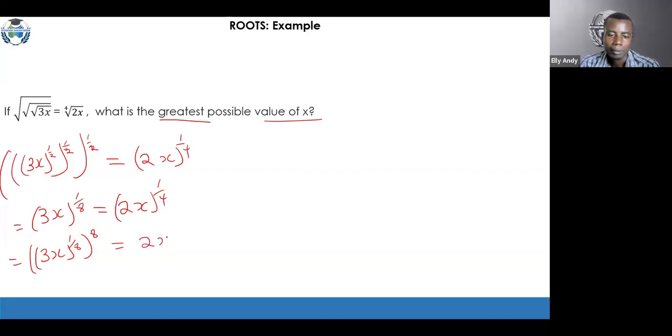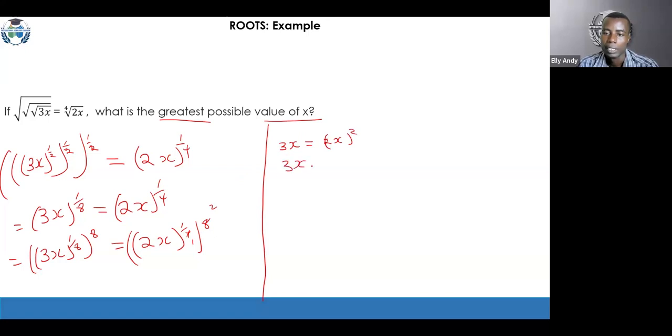Then the same thing I must do to the other side. Remember, in equations, whatever you do on the left-hand side, you do on the right-hand side. So here, I will have 3x raised to power 1 equal to 2x squared, so that we have 3x is equal to 4x squared, or 3x minus 4x squared is 0.